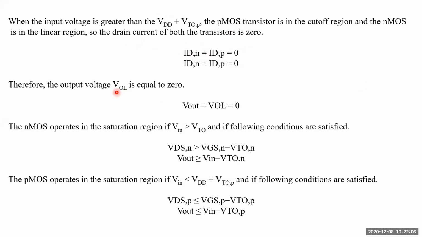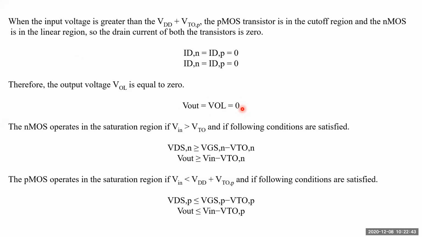And similarly, coming to the output voltage, whenever the NMOS is on and PMOS is off, then the output voltage, that is VOL, is nothing else but the low output voltage, low logic state, that is Vout equal to zero. Why is the output equal to zero even though the NMOS is on? Because whenever the NMOS transistor is on, there is a direct connectivity between the output terminal and the source of the NMOS.